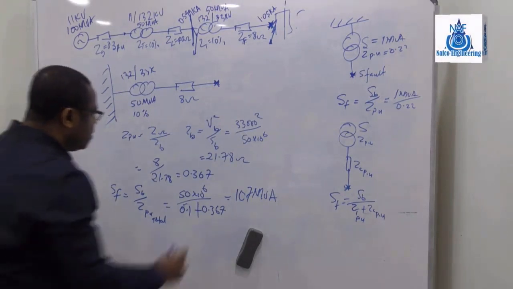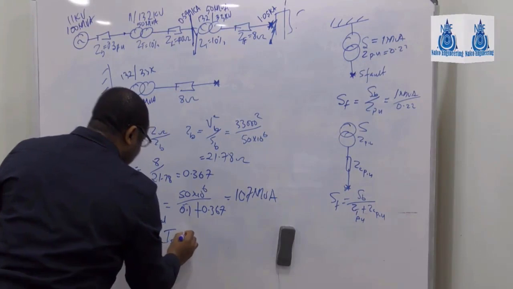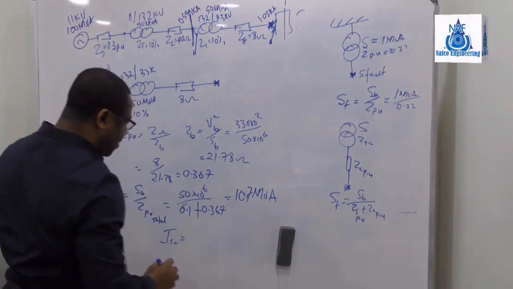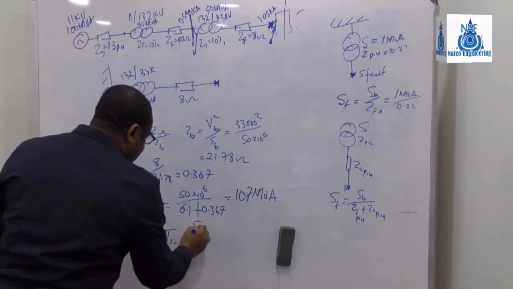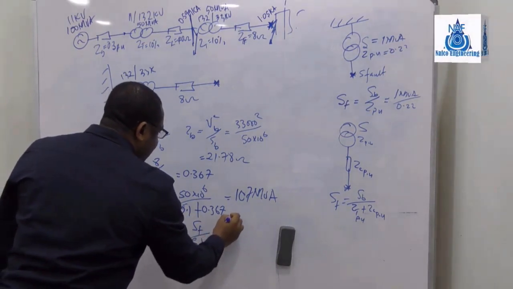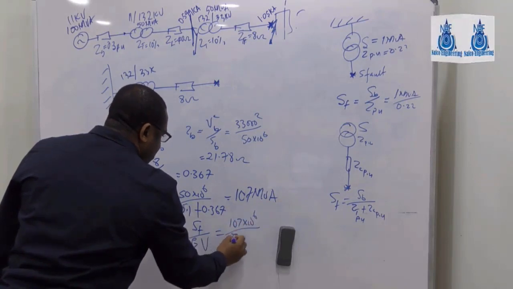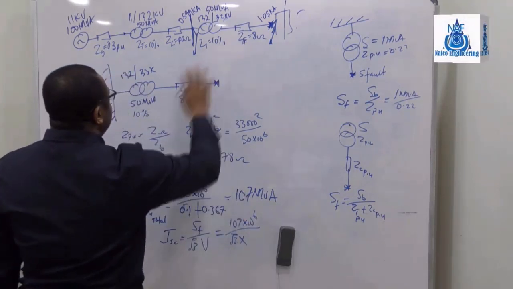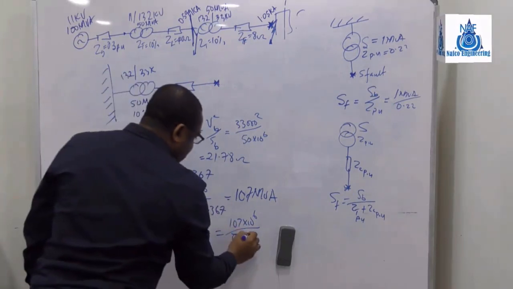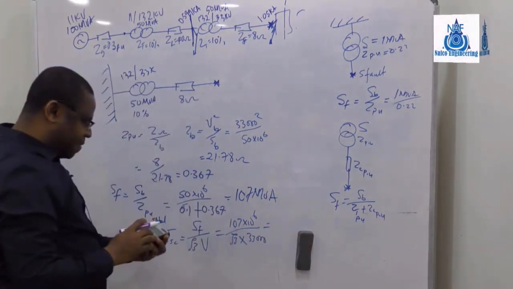Now, what would be the short circuit current? I short circuit is the same thing as S fault over root 3 times V. S fault is 107 times 10 to the power 6 divided by root 3 times the voltage there, and the voltage here is 33,000.